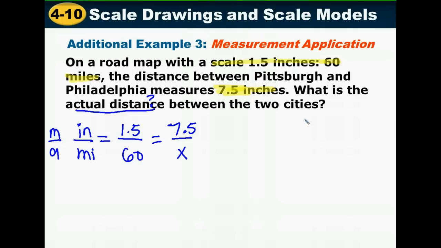And we need to do 7.5 times 60, and then divide that by 1.5. And the actual distance in miles will be 300. From Pittsburgh to Philadelphia would be actually 300 miles.